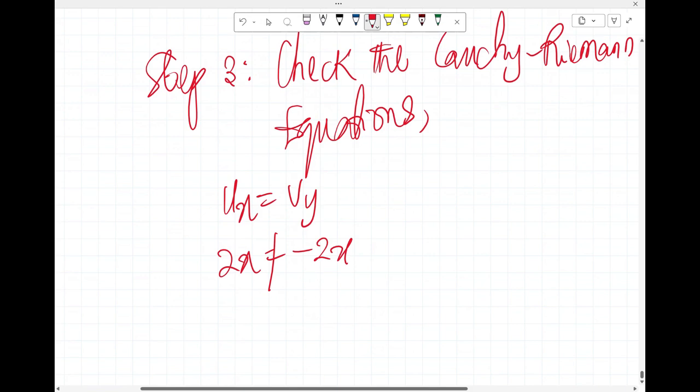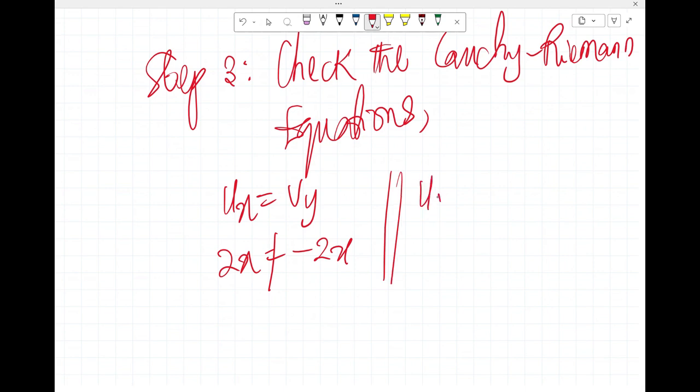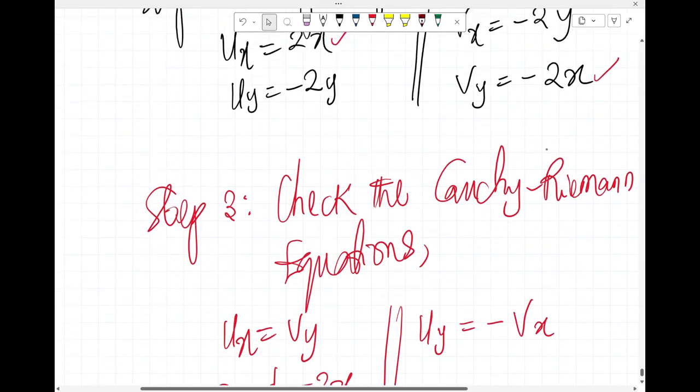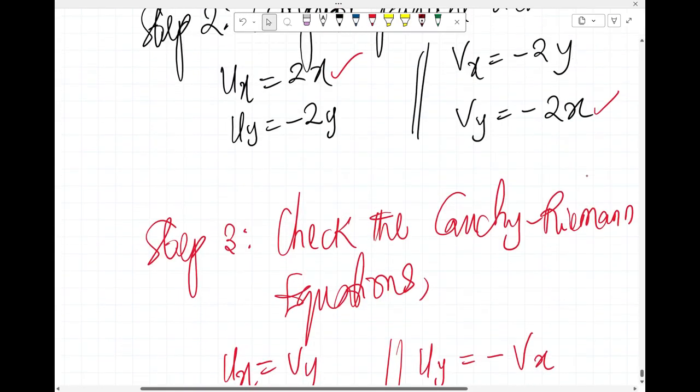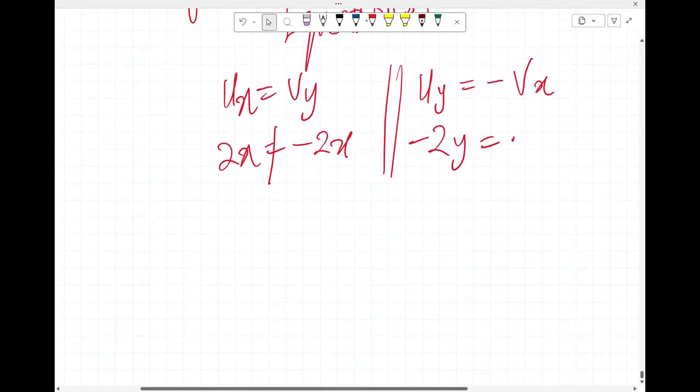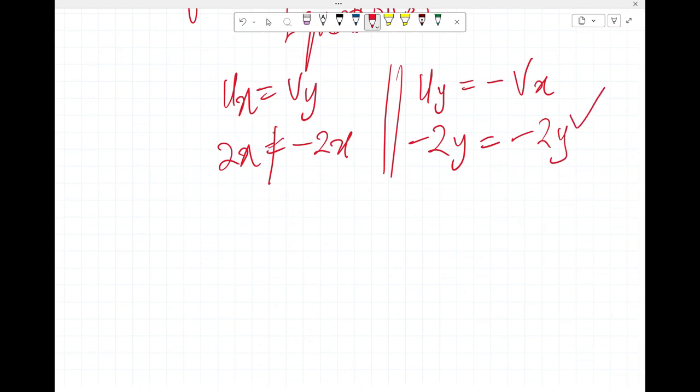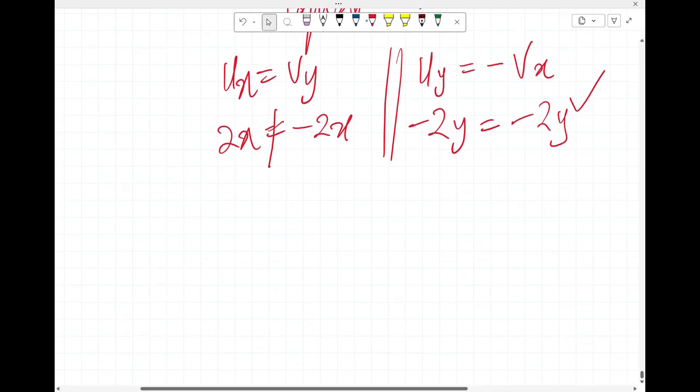On the other hand, u sub y should be equal to minus v sub x, right? So here, what is u sub y? u sub y is minus 2y, and v sub x is also minus 2y. This is correct, but as soon as one breaks down, then everything breaks down totally.